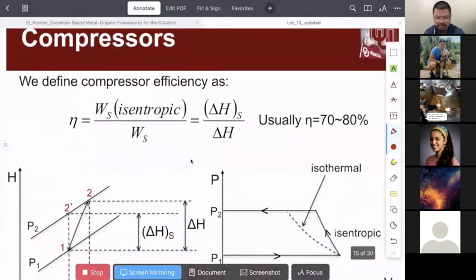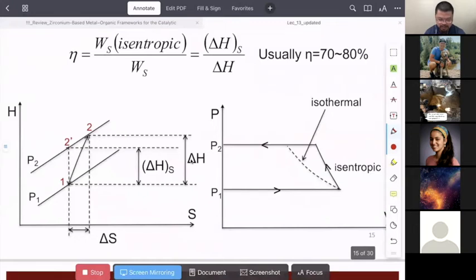And for the compressor, I need to have your attention, which is we are now starting from this normally lower pressure, lower temperature, and we are moving, with the help of the input shaft work, to increase the entropy of the working fluid, to the final state.